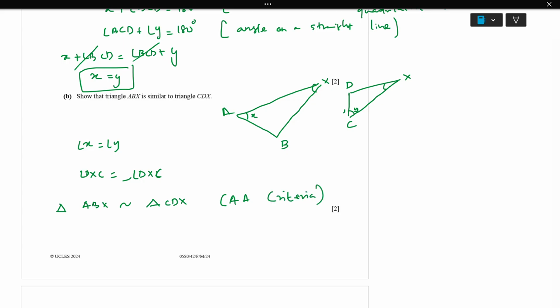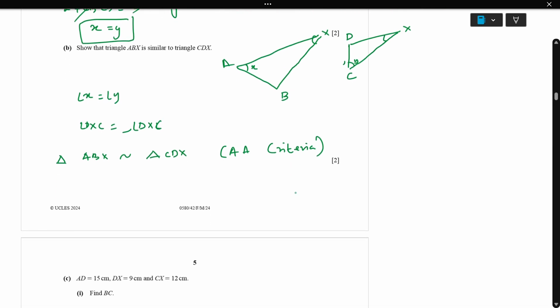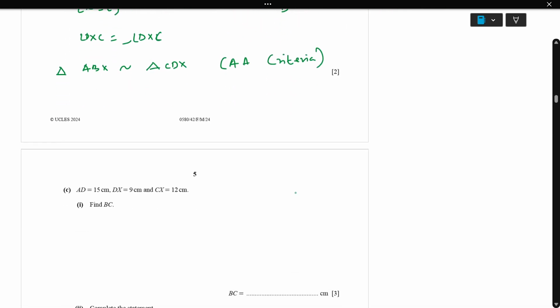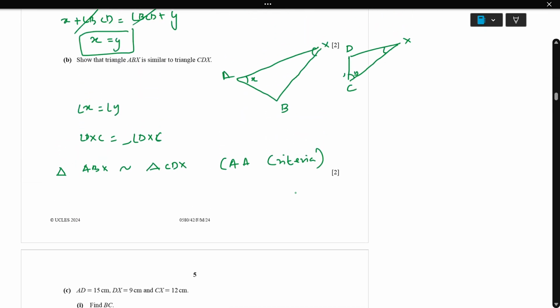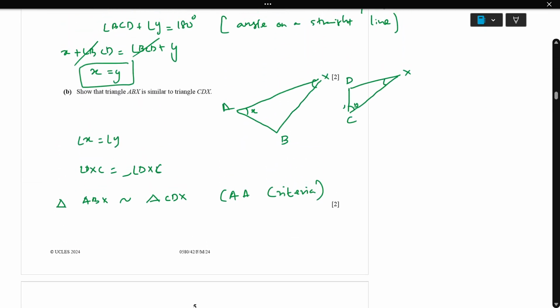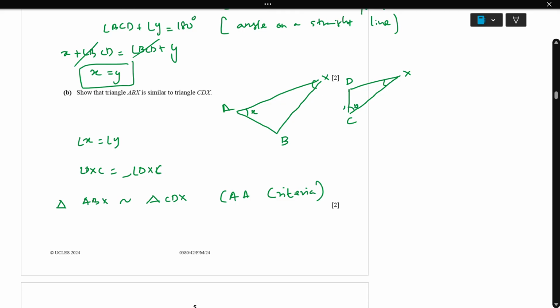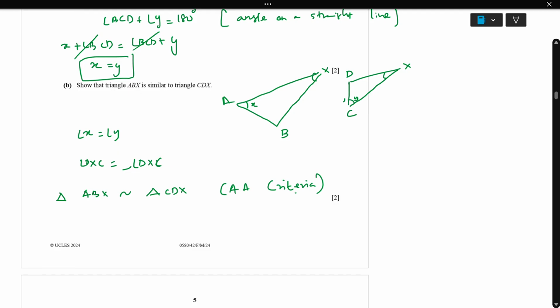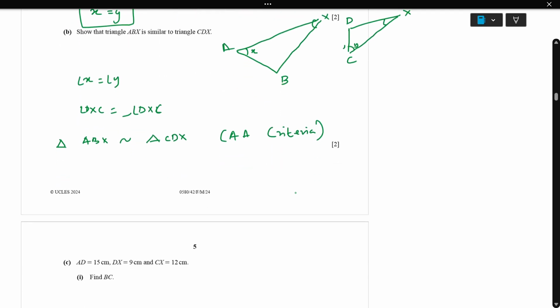Angle property we can use. So the next question: AD is given, DX is given, CX is given, find BC. Now the two triangles are similar, so we can write AX and CX are in equal ratio.